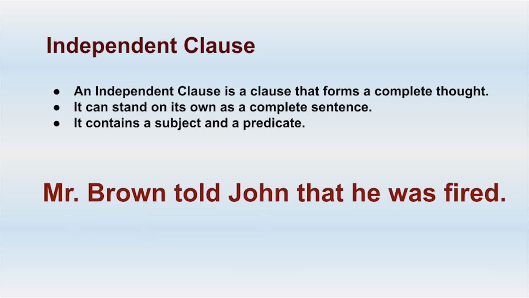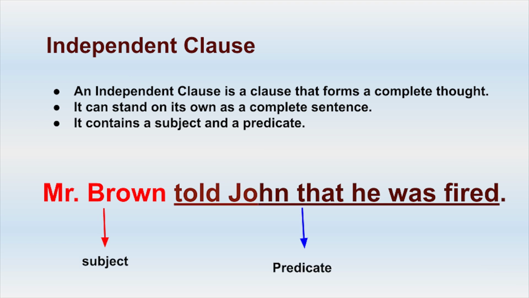Mr. Brown told John that he was fired. The subject is Mr. Brown. The predicate is told John that he was fired, and the verb is told. So, the independent clause is a complete sentence. It stands on its own and it expresses a complete thought.